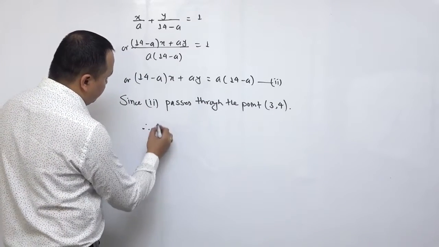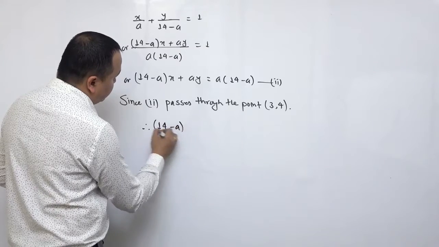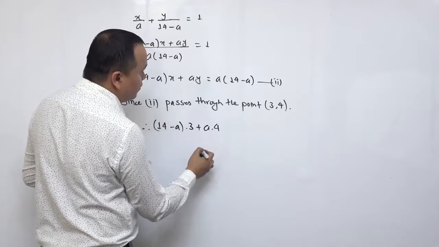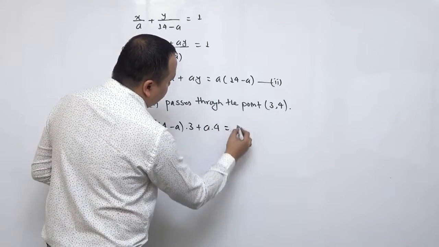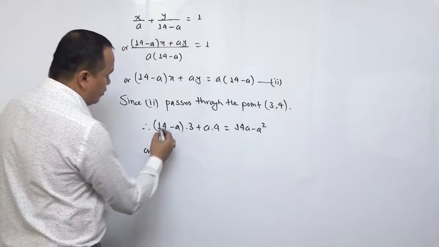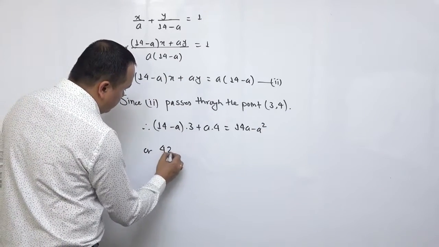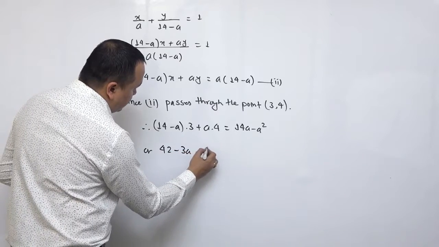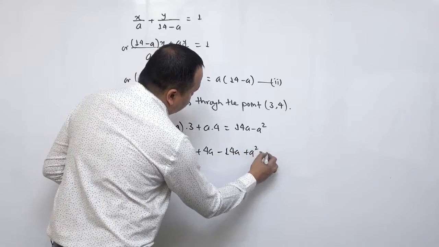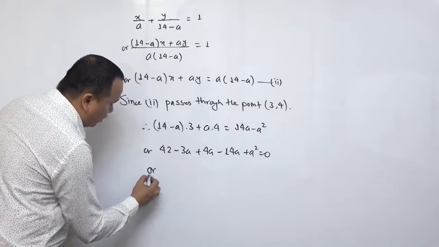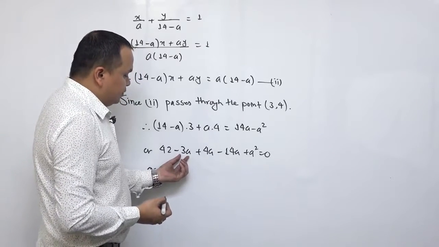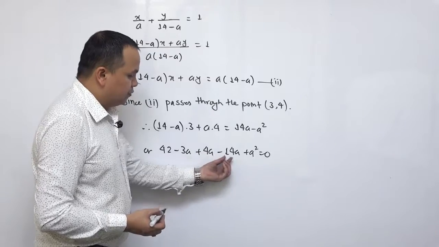Therefore, 14 minus A into 3 plus A into 4 is equal to 14A minus A square, or 42 minus 3A plus 4A minus 14A plus A square is equal to 0, or A square minus 3A plus 4A minus 14A.